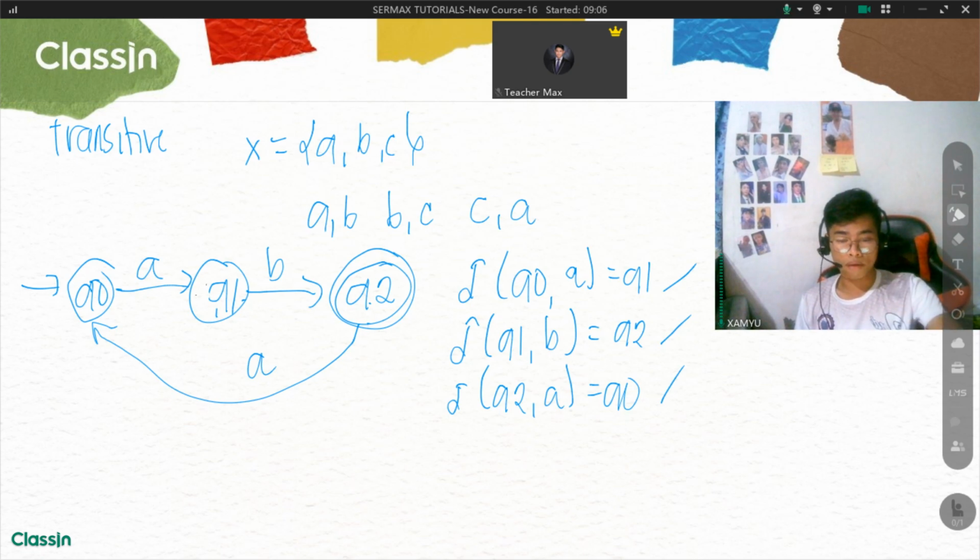That is really simple because in the transitive property, any state must be related to any other. Your initial state must be related to the following states that you have, and then the following states must also be related to any non-final state or final state, and the final state must also be related to your initial state. That's how it works in your automaton.